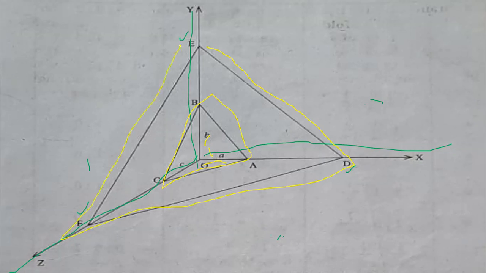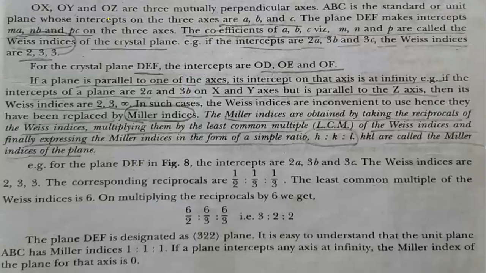Now see. OX, OY, and OZ are the three mutually perpendicular axes. ABC is the standard or unit plane whose intercepts on the three axes are small a, small b, and small c. The plane DEF makes intercepts as ma, nb, and pc.